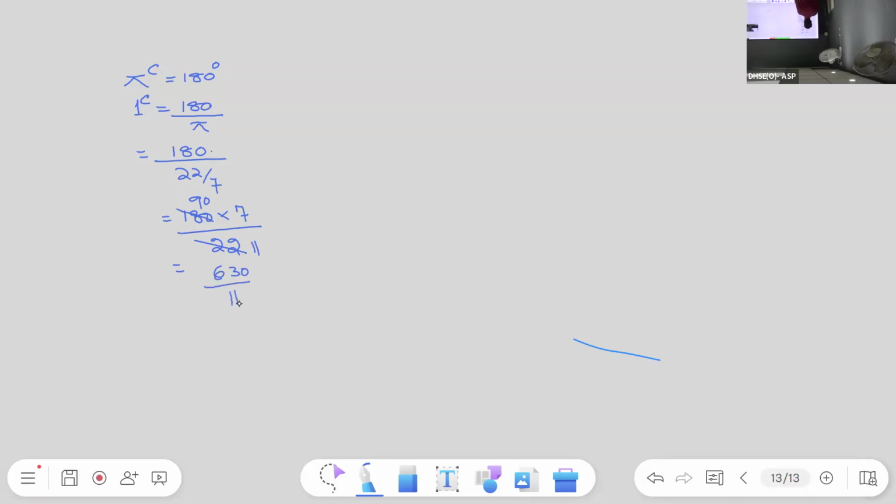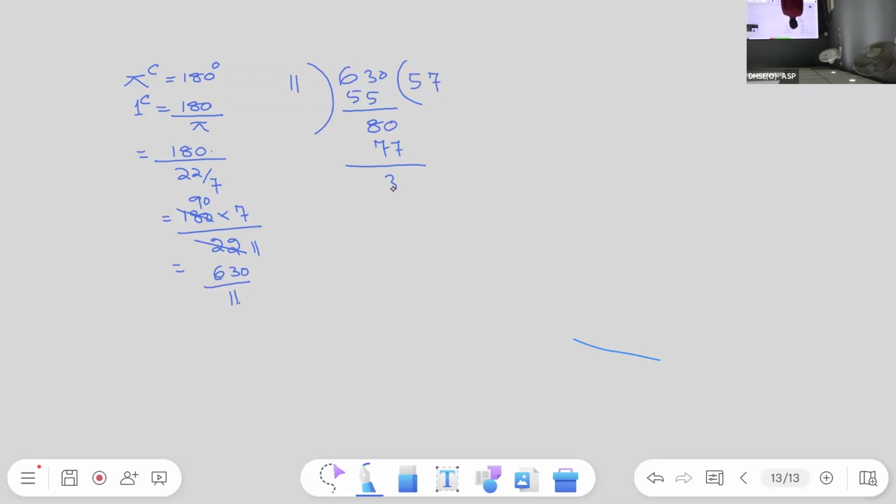Now divide 630 by 11. 11 fives are 55, 80, 11 sevens are 77. Then 3, so 3 degrees left.